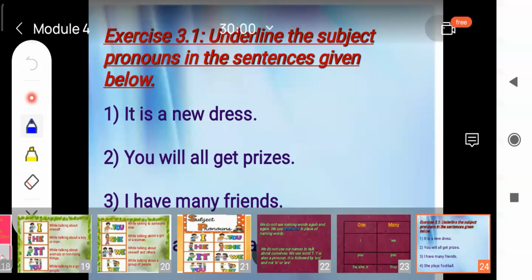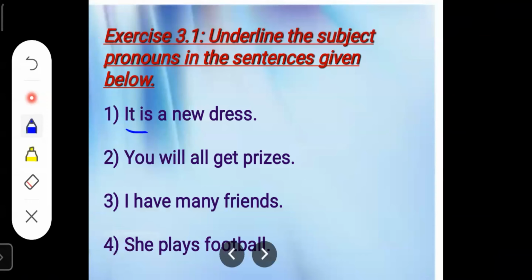It is a new dress. Here we are talking about a new dress. Dress is a non-living thing, so we have used the subject pronoun it. So in this sentence, it is the subject pronoun. So we have underlined the word it.